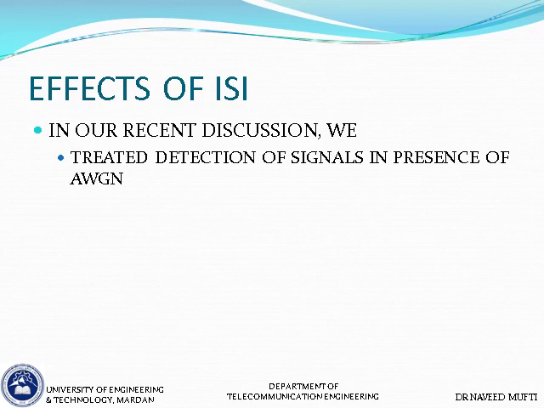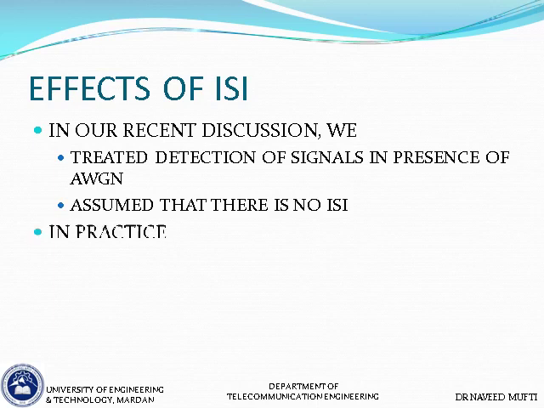In the last part, I would like to sum up by discussing the effects of ISI. In our recent discussion over the last two weeks, we treated the detection of signals in the presence of AWGN.